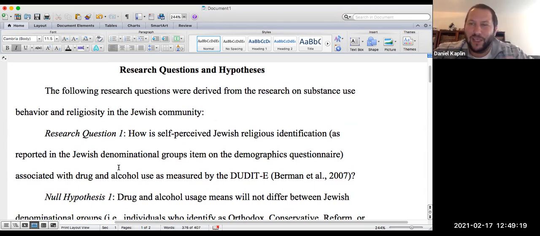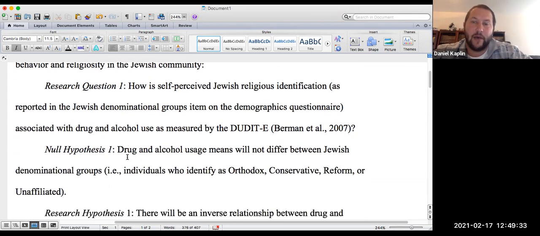Now, your sentence will look somewhat different based on what you're looking to accomplish. But nevertheless, after you do that, you write research question 1 and listen to how it's written. How is self-perceived Jewish religious identification associated with drug and alcohol use as measured by the Dudit E?